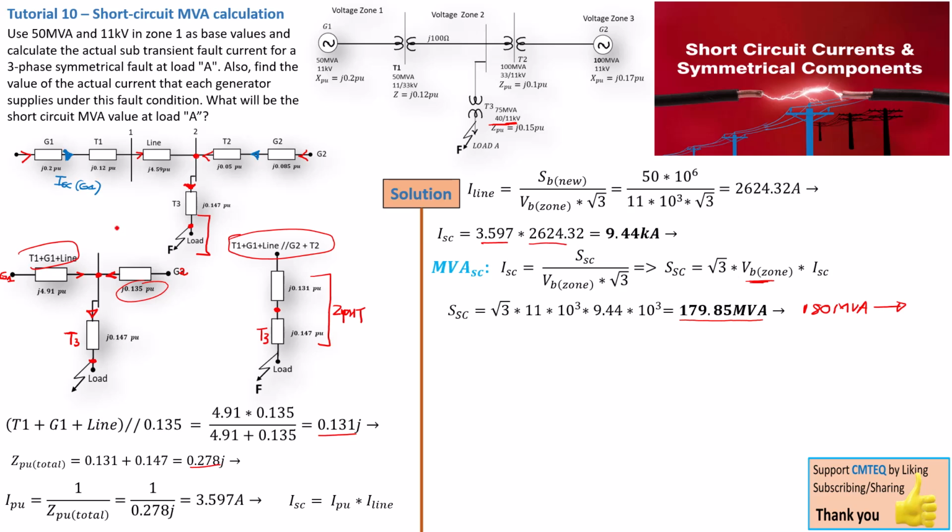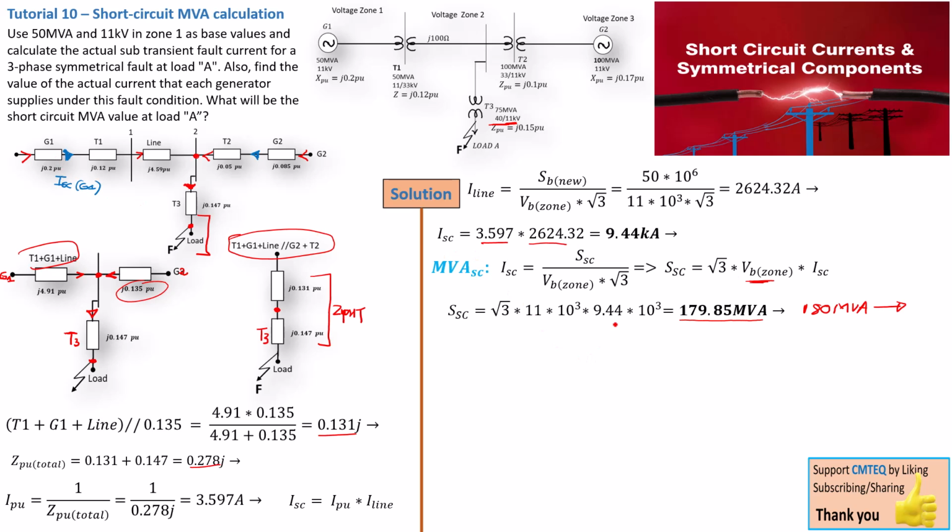Now, please do not mix up the short circuit current coming out of the generator when there is a fault here, and the line current coming out of the generator when there is no fault. Okay, that's two different things. When there is no fault, this generator is supplying a particular current. But when there is a fault in the system, this generator is also supplying a particular current.